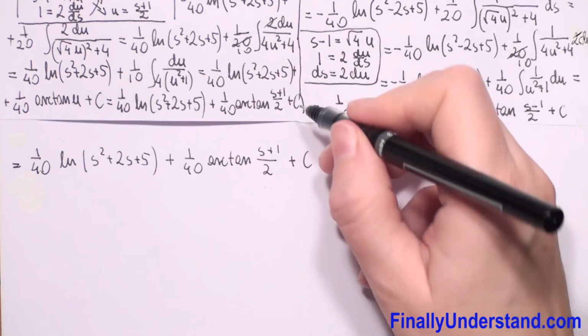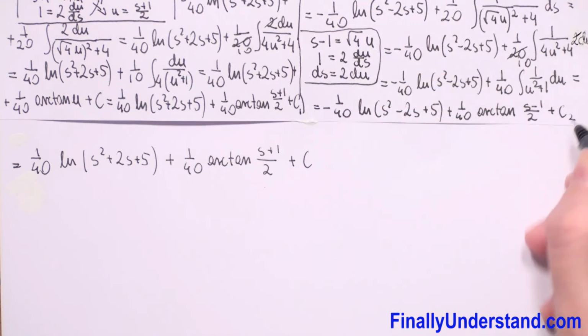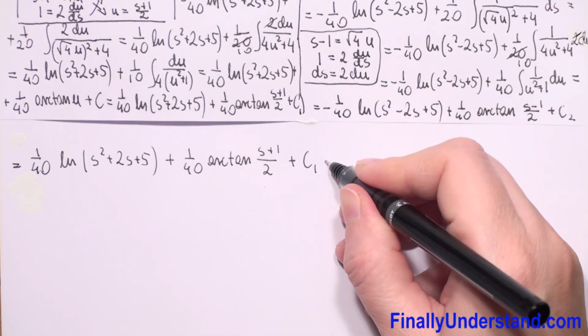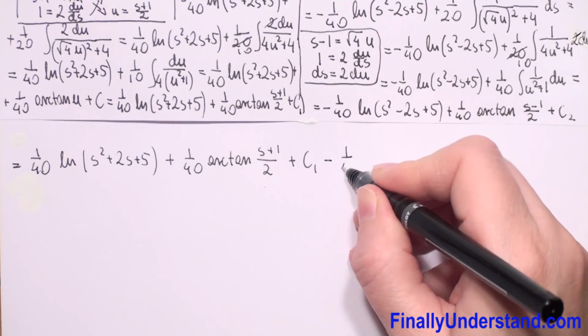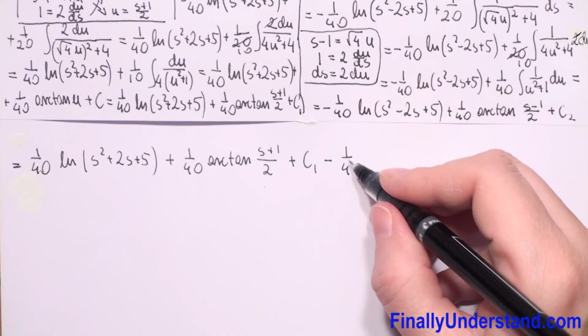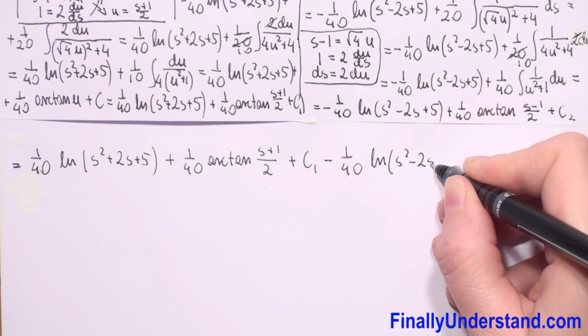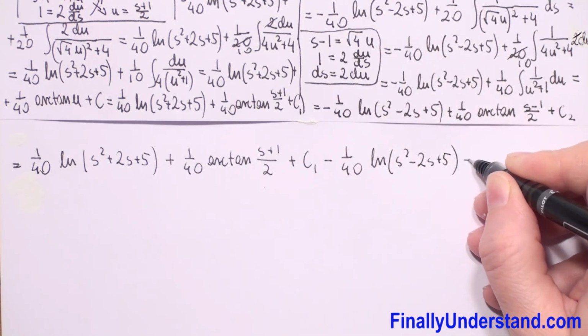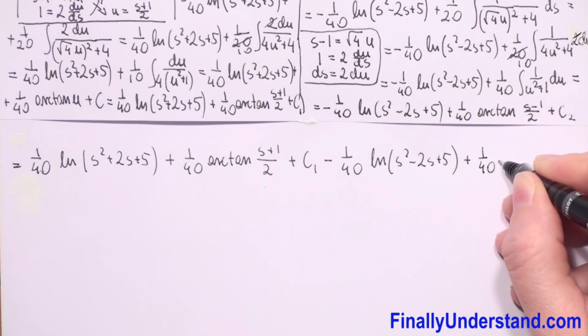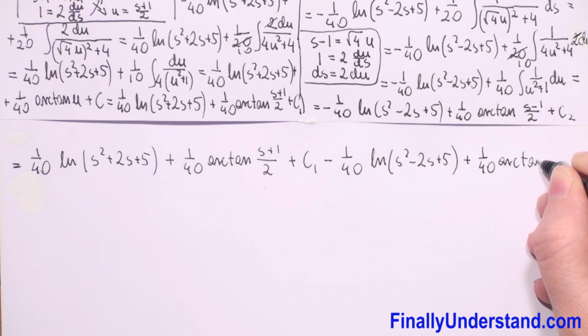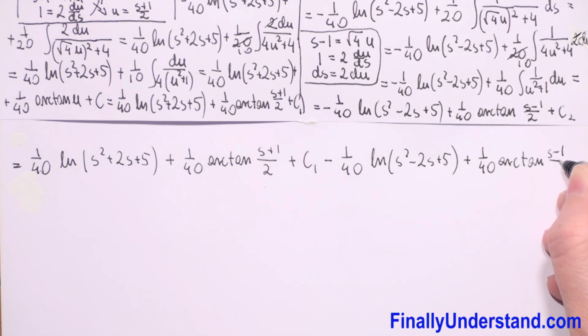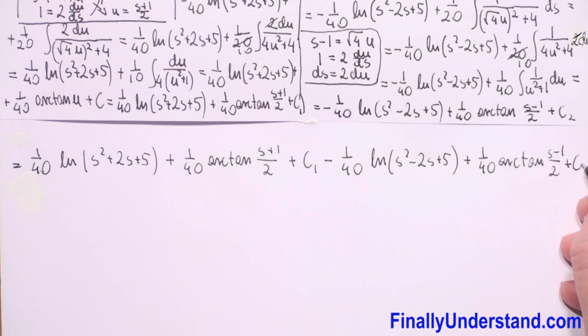We can put c1 here and c2 here. And we have minus the second solution: negative 1 over 40 natural logarithm of s squared minus 2s plus 5, plus 1 over 40 arctangent of (s minus 1) over 2, plus c2.